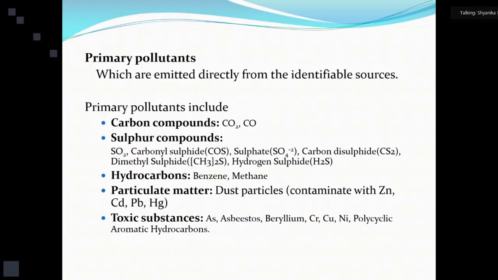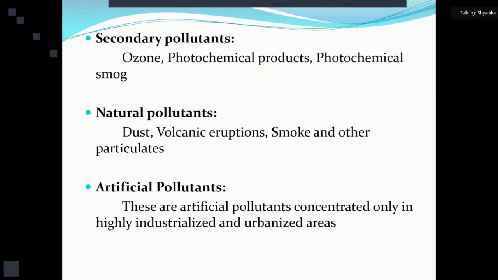Those are dust particles contaminated with heavy metals, and toxic substances such as asbestos, beryllium, copper, and chromium. All of these are primary pollutants because they are emitted directly from identifiable sources.